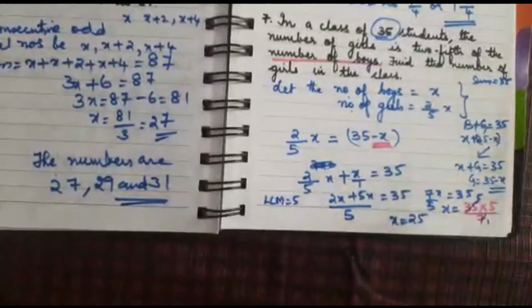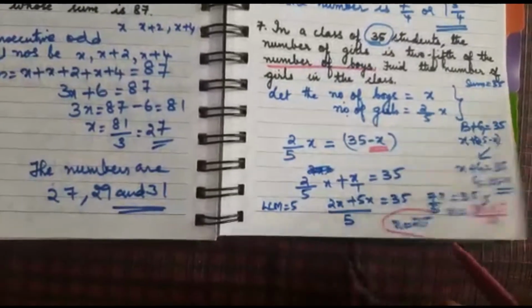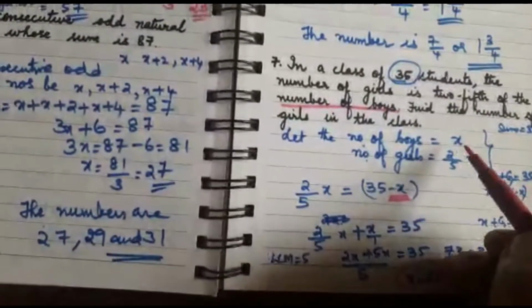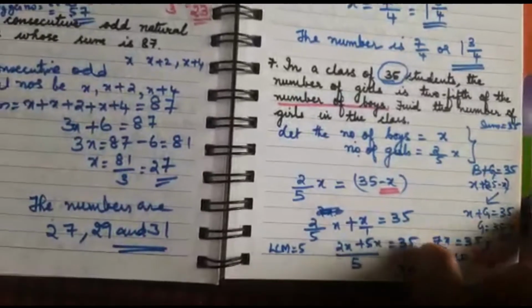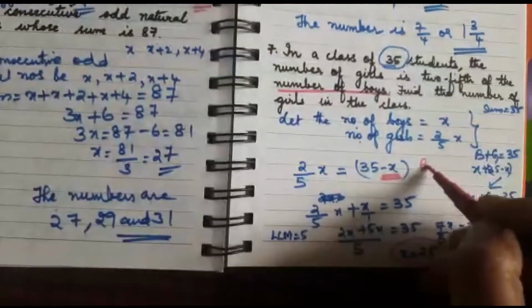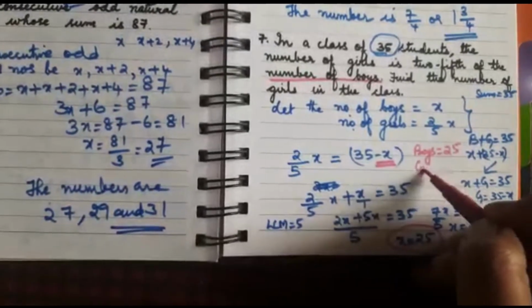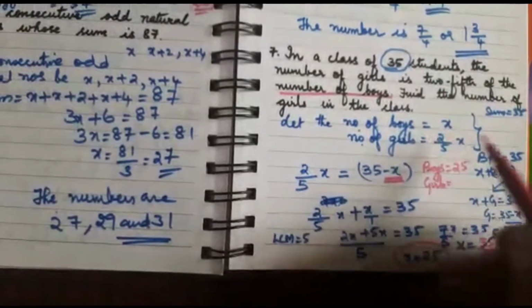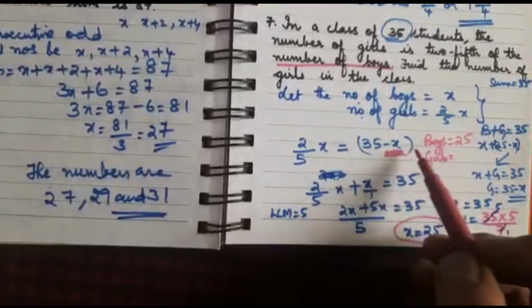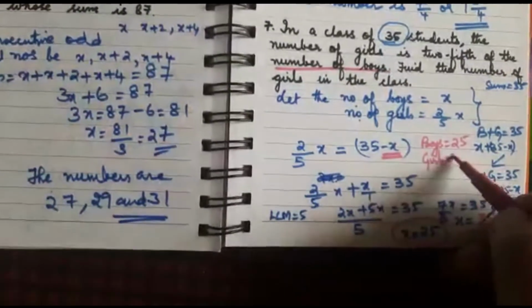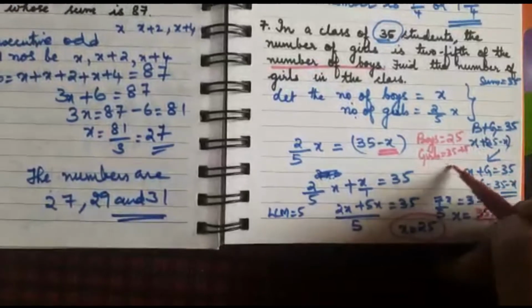So what have you considered? Boys you have considered as x, so boys equals 25. What about the number of girls? Girls equals 35 minus x, isn't it? So 35 minus 25 is 10.